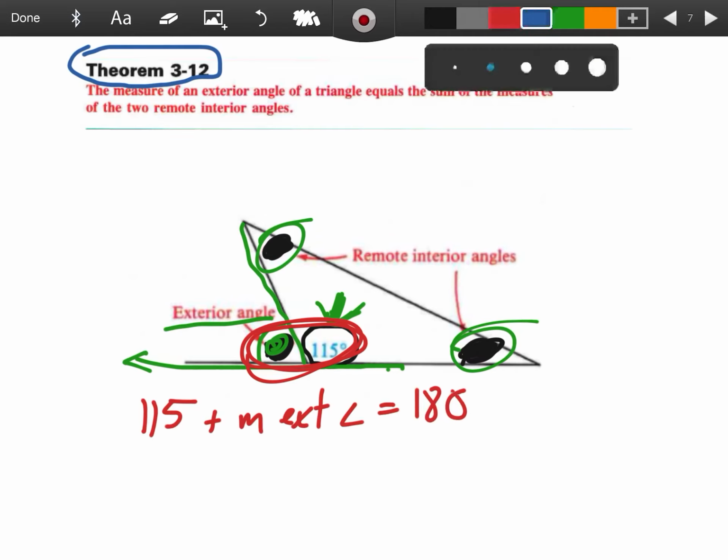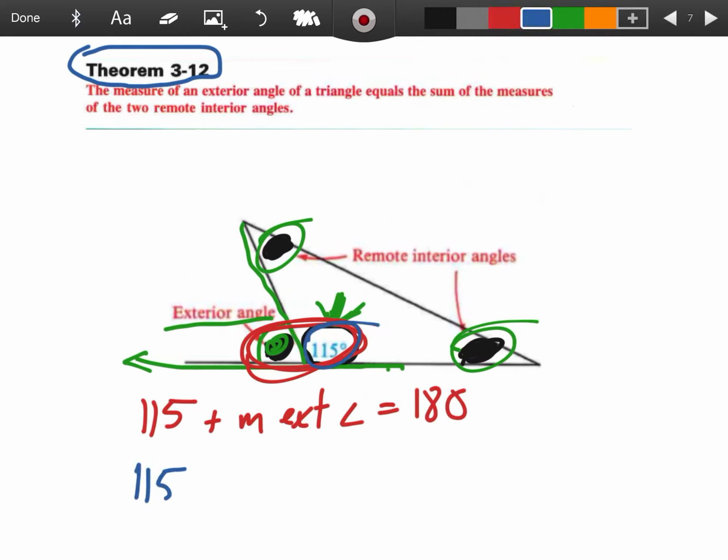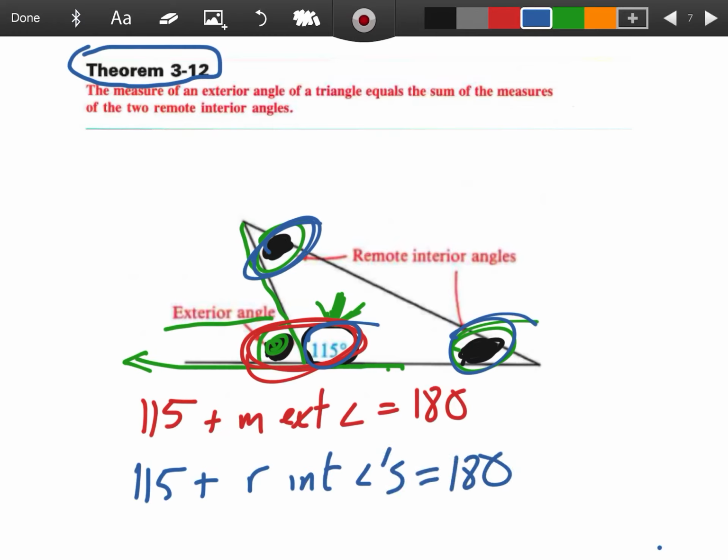And then I also know that 115 plus the other two angles has to make up 180 because it's a triangle. They add up to 180. So 115 plus the measure of the two remote interior angles, that's both of them added together, also has to equal 180 because this angle plus this angle plus this angle, the three angles of a triangle, have to add up to 180.